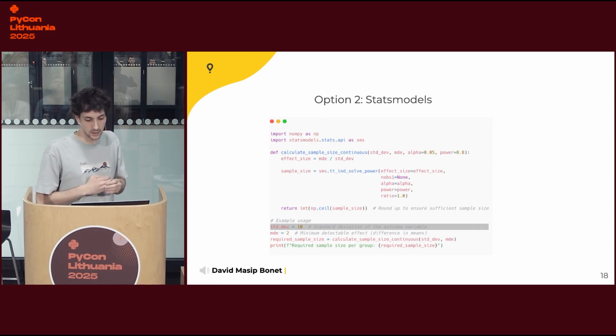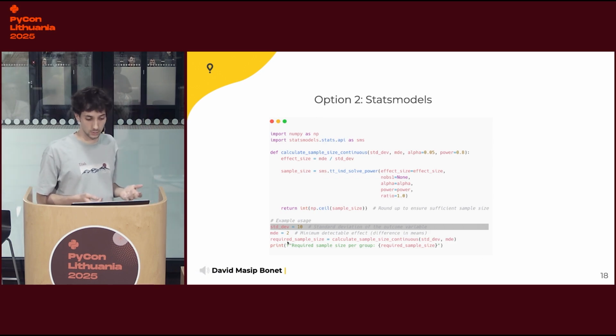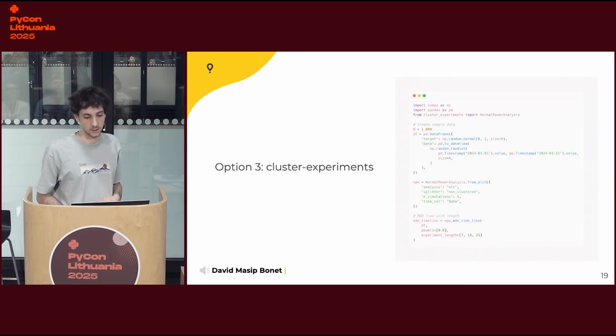Essentially, it asks you for the standard deviation of the outcome and the minimum detectable effect, which is very common, and it will give you the required sample size. And this standard deviation of the outcome, for someone who's not very technical or doesn't know a lot of statistics, may be a hassle.